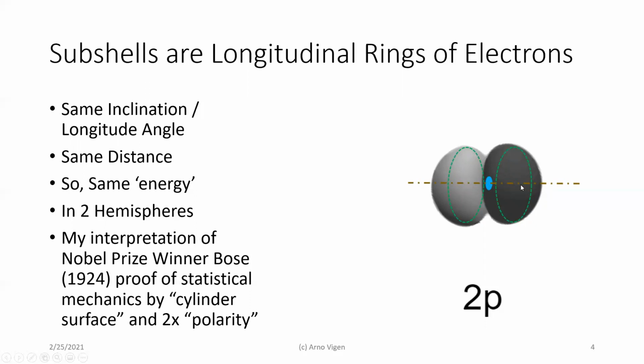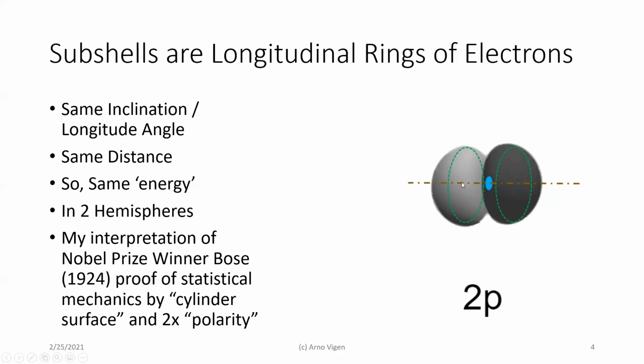They're also in two hemispheres. Around a nucleus, there's a set in one hemisphere and a set in another. And this is my interpretation of Bose's proof of statistical mechanics in his 1924 paper that led to his winning the Nobel Prize. And it includes what he called cylinder surface, and he added a 2x factor, which he called polarity.